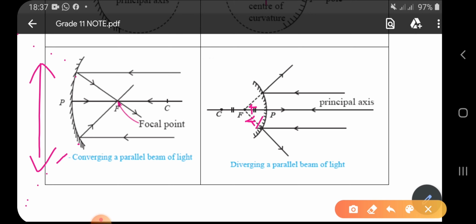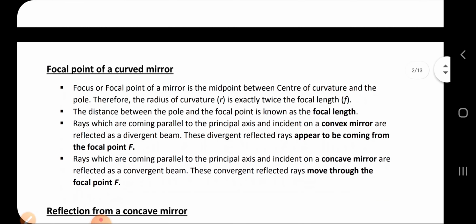So this will be the size of an image formed by the convex mirror. So always convex mirrors form diminished images, right? I have made you a note here which I discussed earlier, right? You can get it through the link I gave in the description.